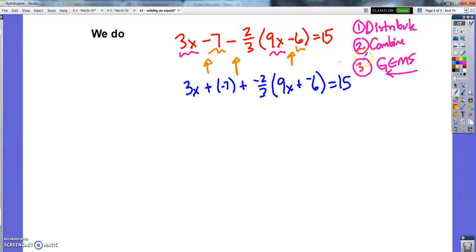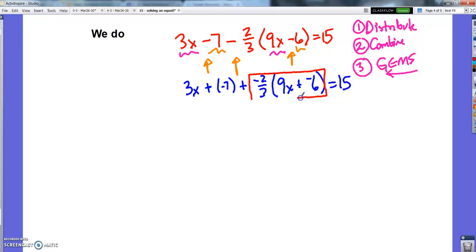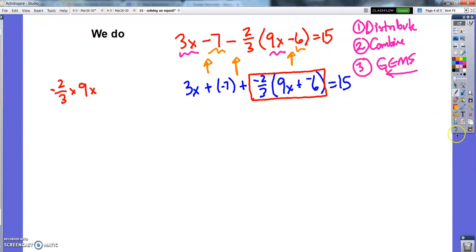So my distributive property, I've got negative 2/3 times 9x plus negative 6. So I've got to do a few things here. So negative 2/3 times 9x. I'm just going to do times the 9. I know it's going to have an x. Just to figure out it's going to be something times x when I'm all done. So I'm going to ignore the x for a moment and figure out the 2/3 times 9.